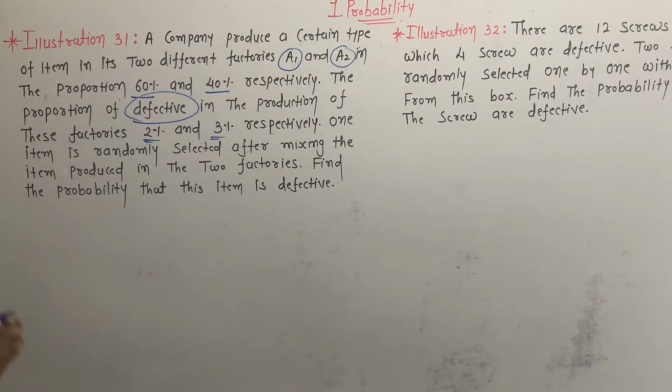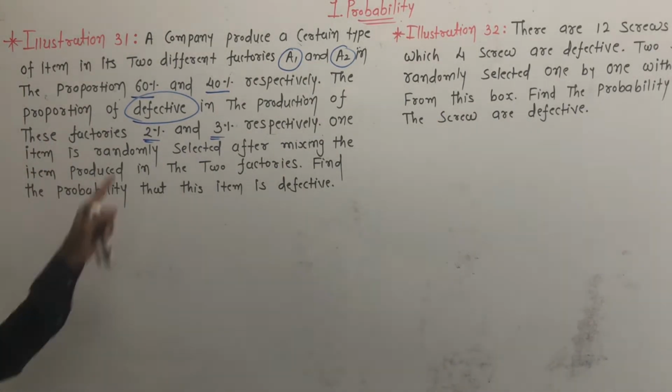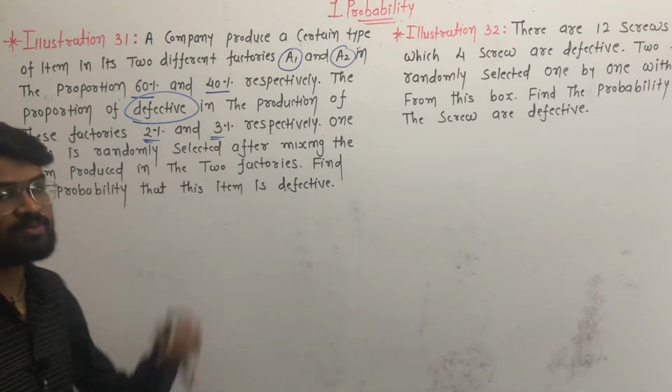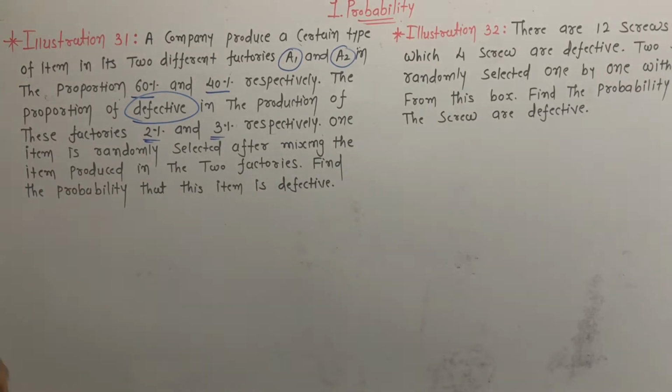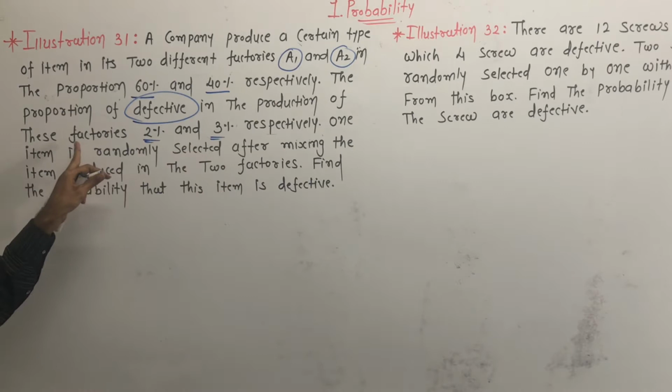Out of A1's items, 2% are defective, and out of A2's 40% of items, 3% are defective.